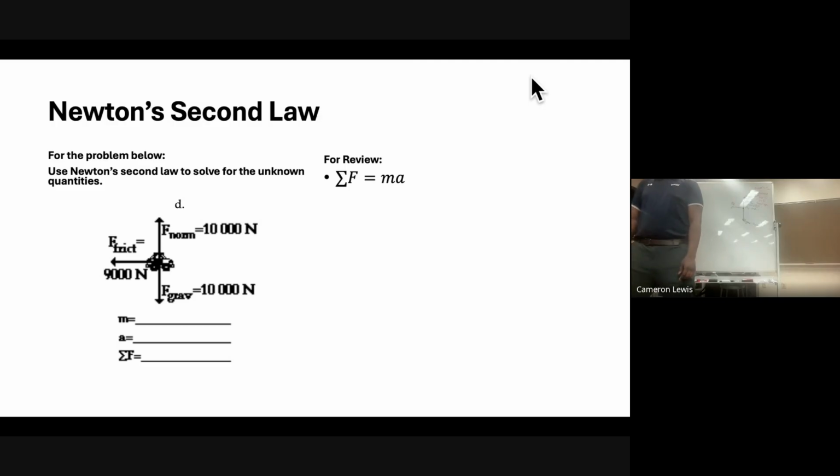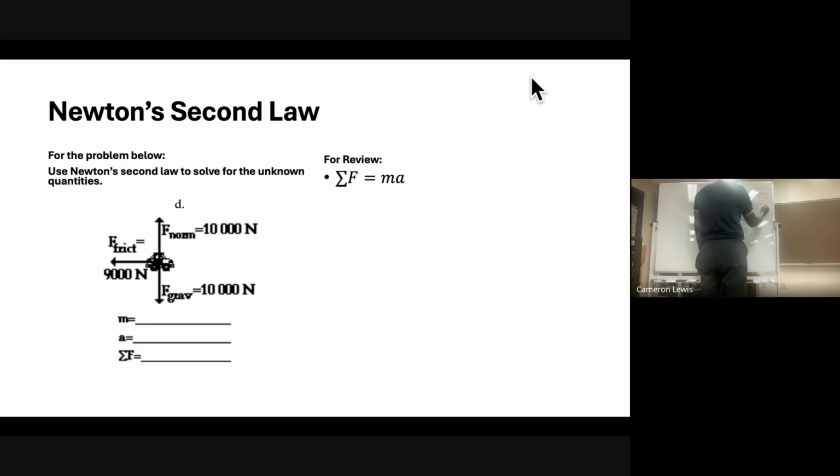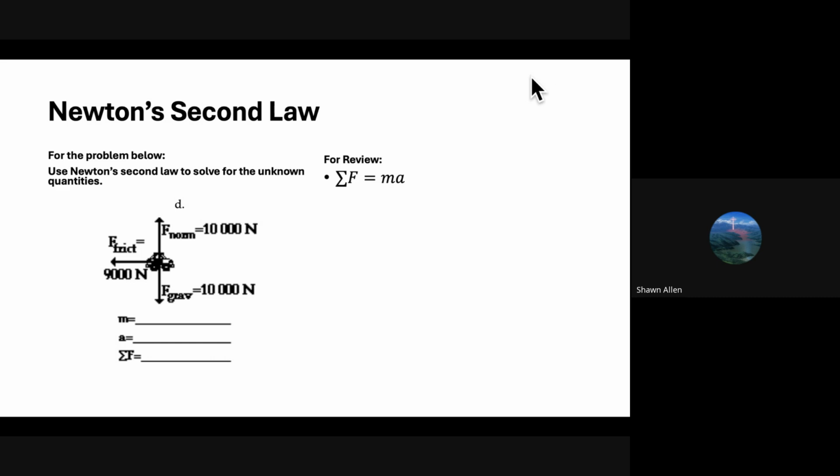Gravity times what is equal to weight? So we know that gravity times mass is equal to weight, right? The weight is equal to the normal force, which is how much? Because they're both equal.